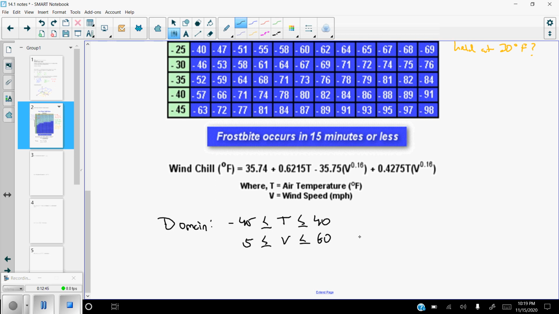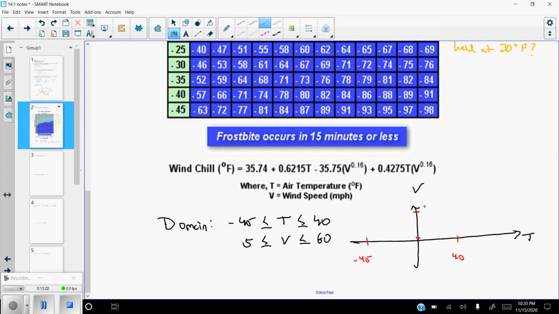So if we're going to sketch that, I'm going to create a T versus V, T, V axis. Again, this is just a really rough sketch, but we know that the temperatures go from -45, so we'll call that -45, up to 40, we'll call that 40, and then the velocities go from 5 to 60, so maybe that's 5 right there, pretty close to the x-axis, and then that's 60 or something.